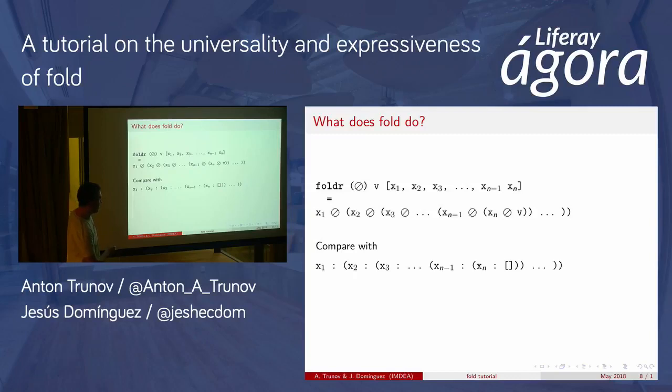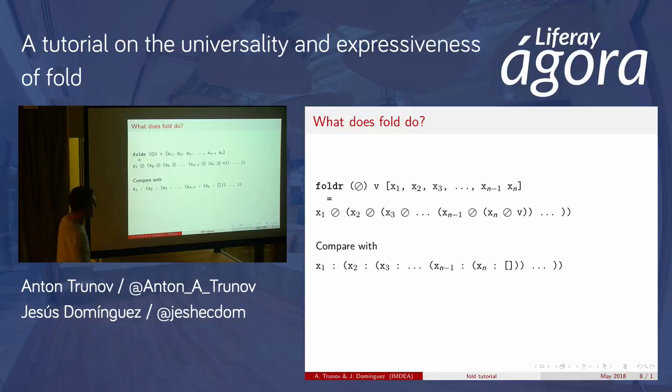So compare it with this representation. This form is a desugared representation of lists, right? This is syntactic sugar, which Haskell gives us. But actually, lists are represented this way, right? So there's the end of the list, this end marker, and then we slap more elements on top of it, right?